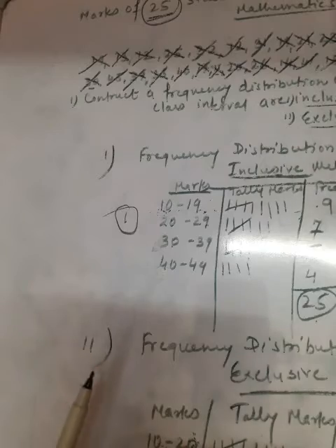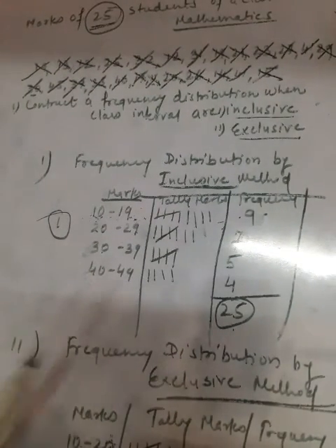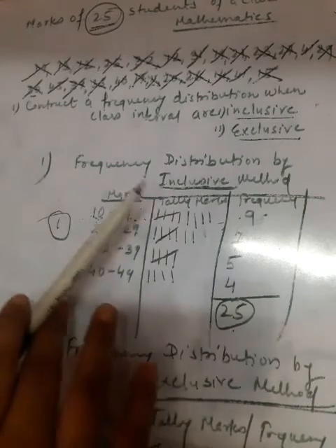One more difference is that there is no need of converting it into the inclusive method prior to conclusion. There is no need to convert it. It means if you have raw data, you can make a frequency distribution by the exclusive method and the inclusive method.